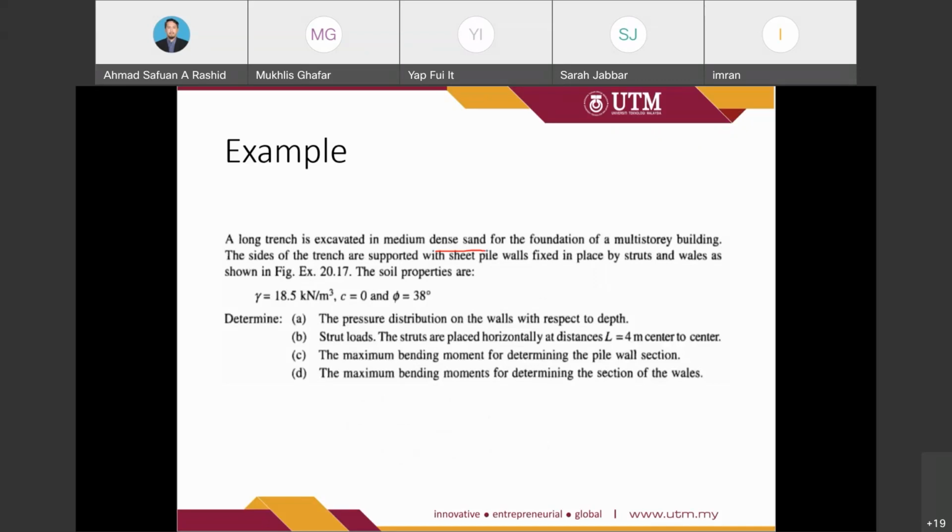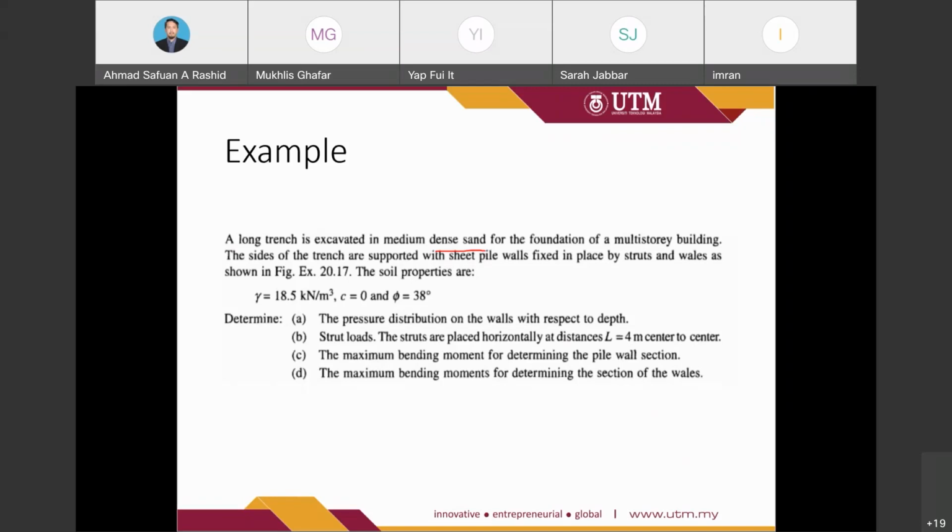The soil properties are unit weight 18.5, c is equal to 0 and phi is equal to 38. So we need to solve the problem for A to D, where the first one is the pressure distribution of the wall with respect to the depth.